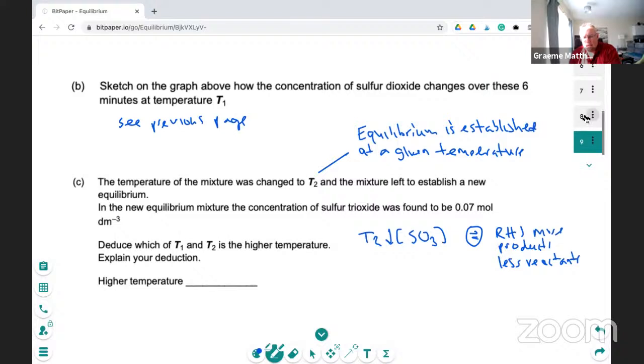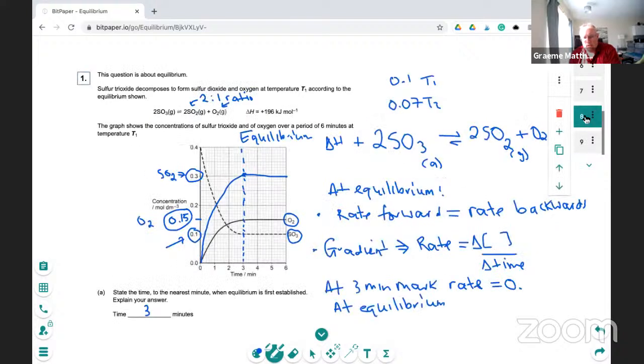The concentration of SO3 is 0.07 at T2 and 0.1 at T1. Therefore, I must move the equilibrium position over to the right-hand side, making this go down.